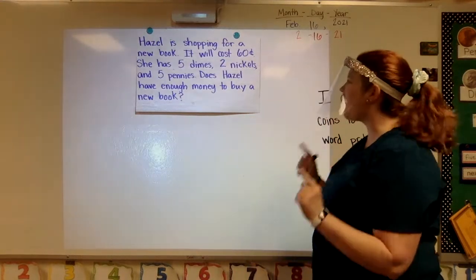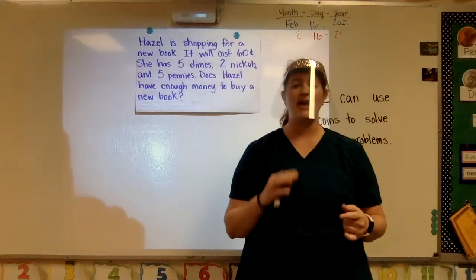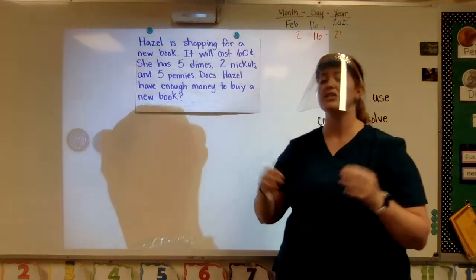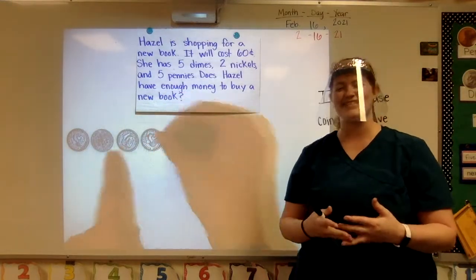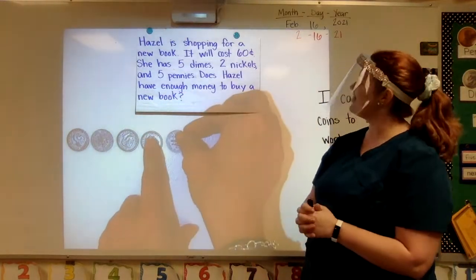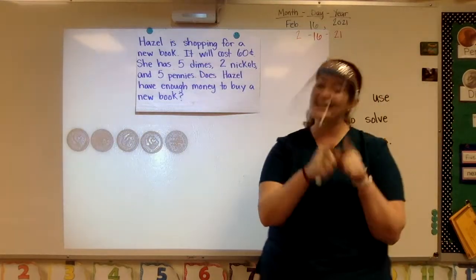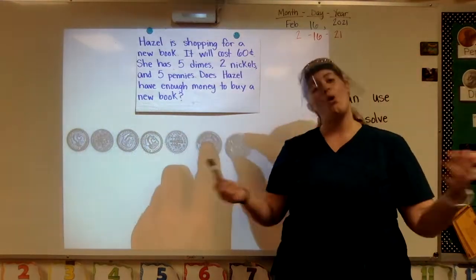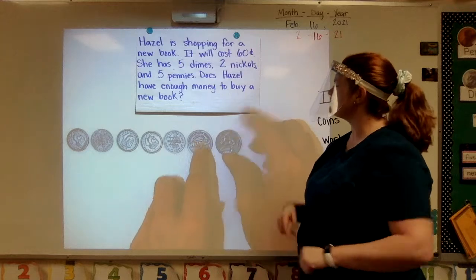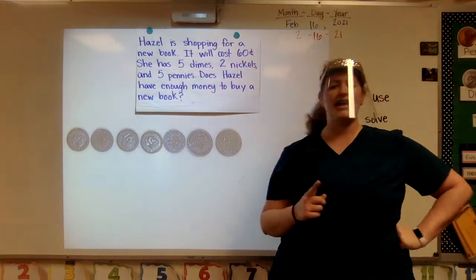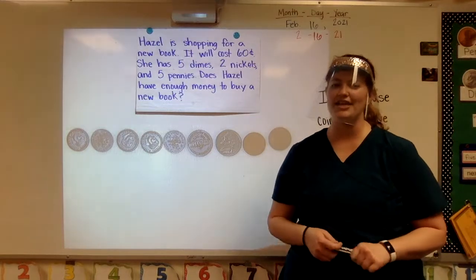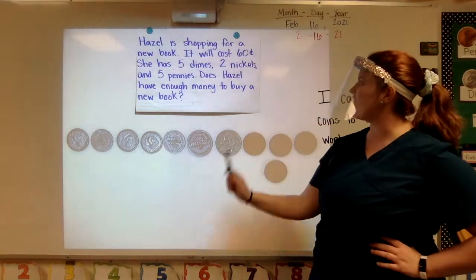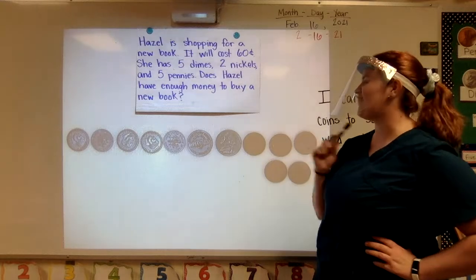It said she had 5 dimes, so I'm going to have my 5 small silver coins with FDR and those torches and branches on the back. And then I need 2 nickels, and my nickels have Thomas Jefferson or Monticello on the back. And then I need 5 pennies, and my 5 pennies are going to be those copper coins with Abraham Lincoln on it. Okay, so here are my 5 dimes, 2 nickels, and then 5 pennies.